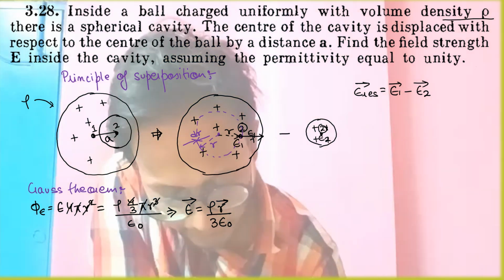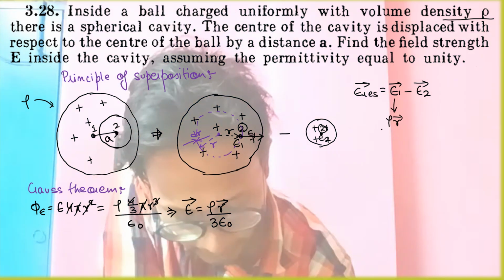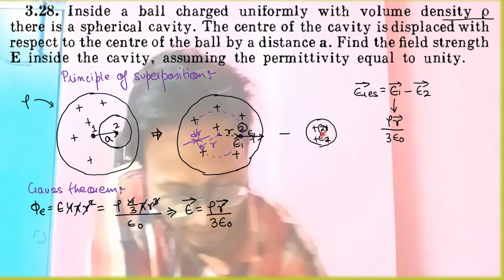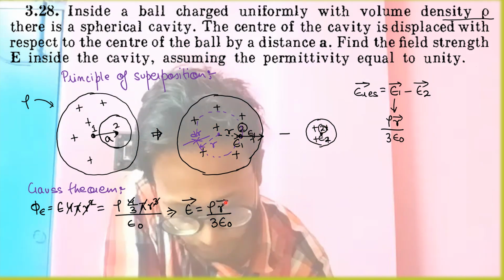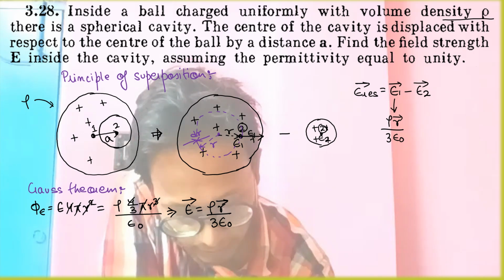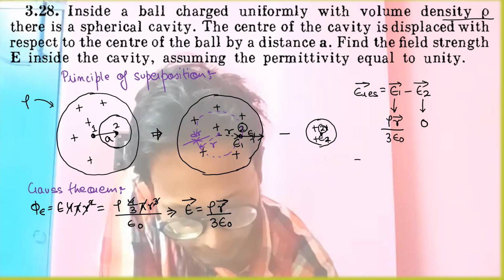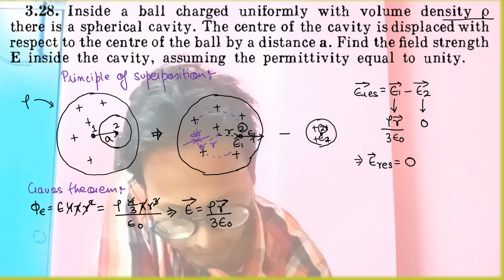Now E1 is equal to sigma r by 3 epsilon naught. What is the value of E2, the electric field due to this cavity at the center? If I apply this formula, r becomes 0 at the center, no? So this is nothing but 0, so the resultant electric field is equal to 0.